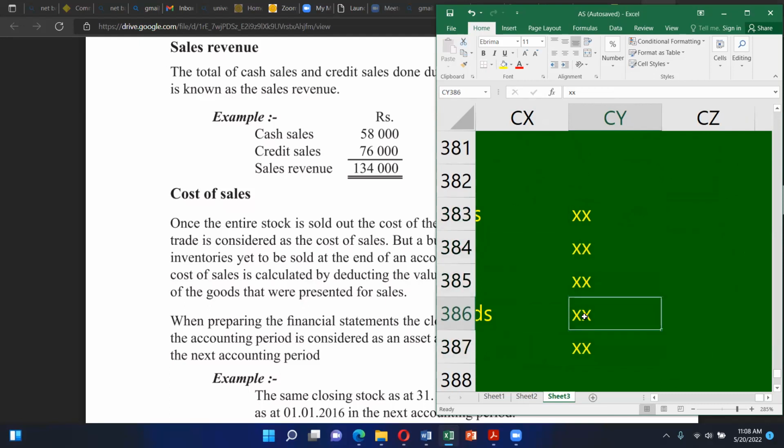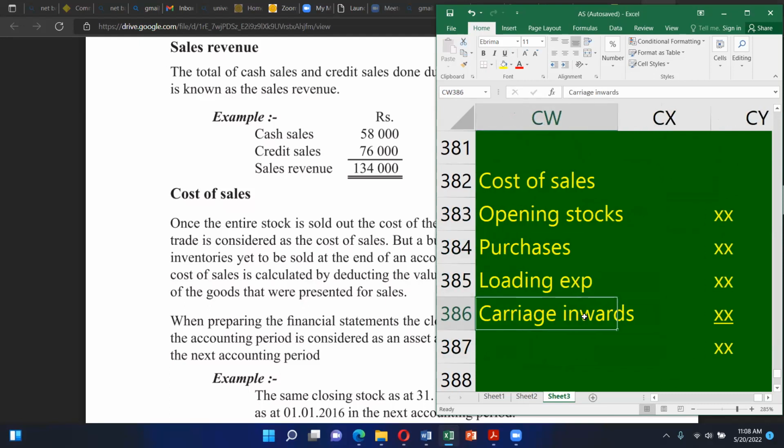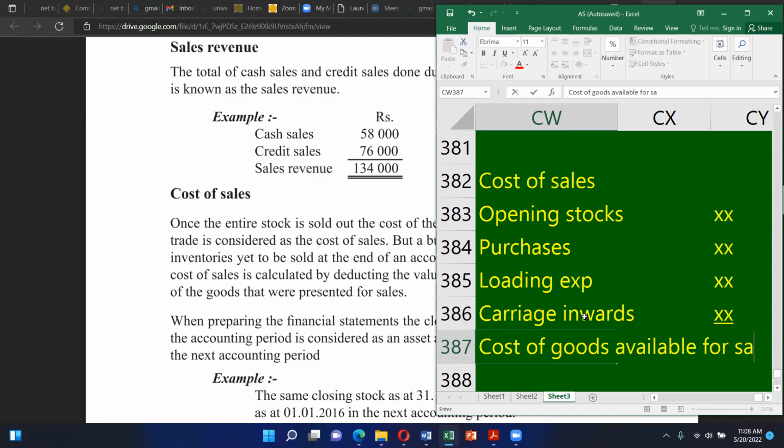We call this cost of goods available for sale.